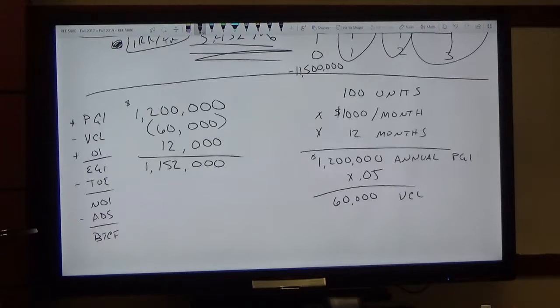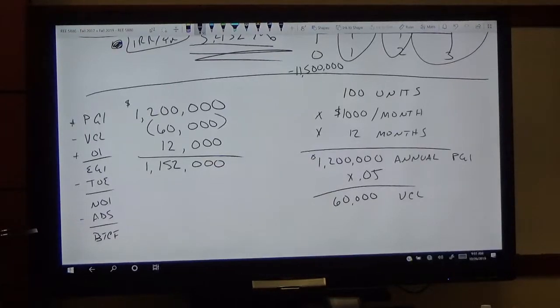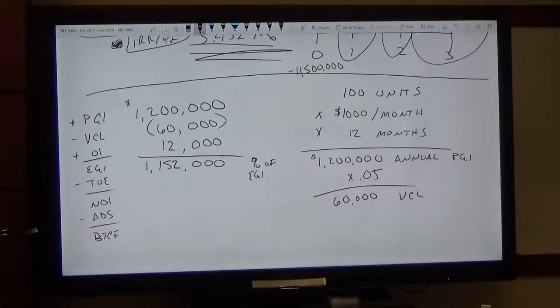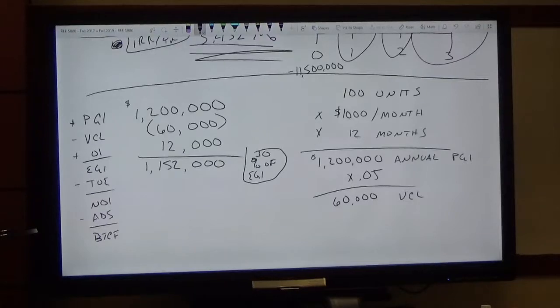Yes? Okay. Now then, operating expenses. We're going to make the operating expenses as a percent of the EGI. So what percent do we want to make it? 30. 30. Okay, 30% of the EGI are going to be our operating expenses. So that's going to be 345,600.